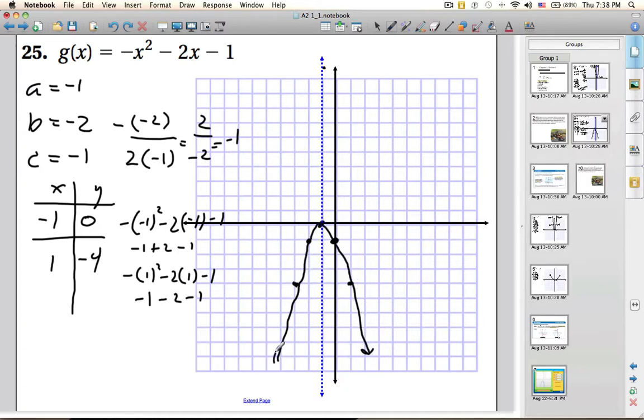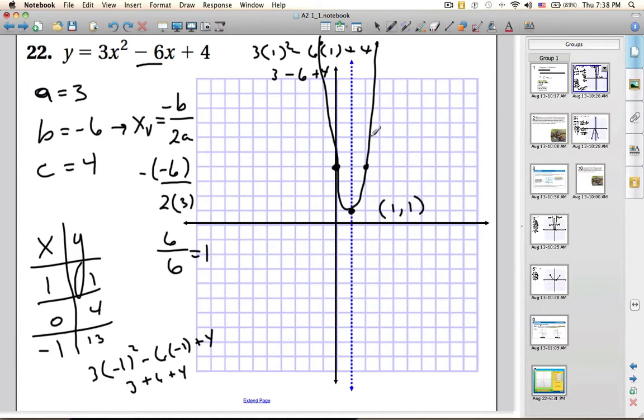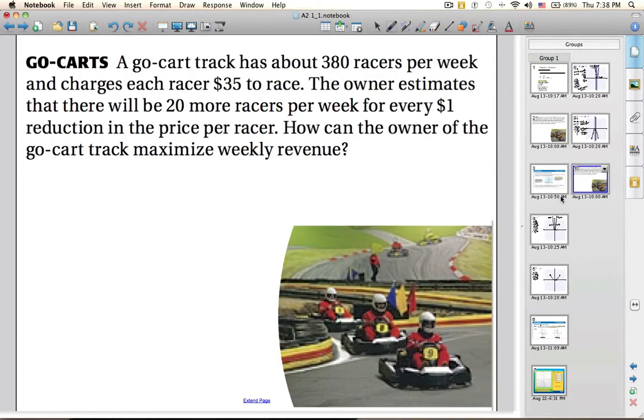Okay, so remembering when the leading coefficient is negative, the parabola opens down. When the leading coefficient is positive, the parabola opens up. And now let's go on and solve our go-kart problem. So the key here is we're going to need to put together a model that will relate to this concept.